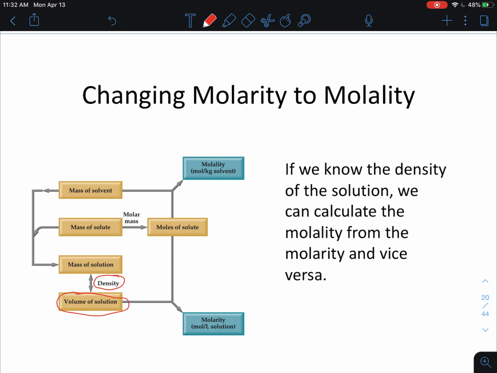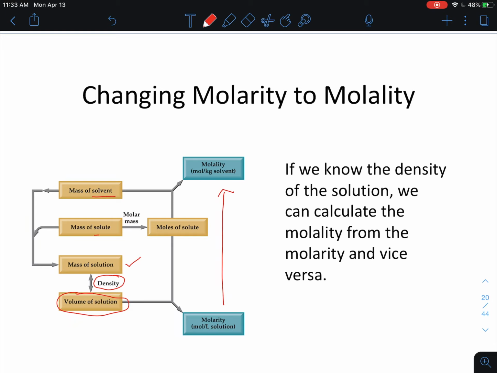With that information, you should be able to figure out most of what you need to. So depending on which way you're going, we'd follow the flow chart one way or the other, but generally speaking, we want to go from molarity to molality. So once we have the volume and the density, that'll make it easy to get the total solution mass.